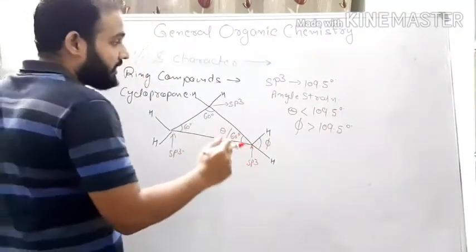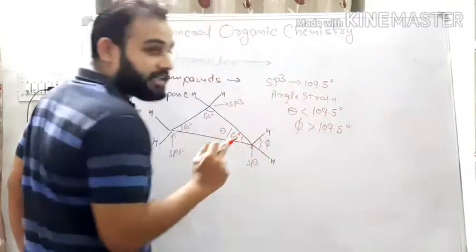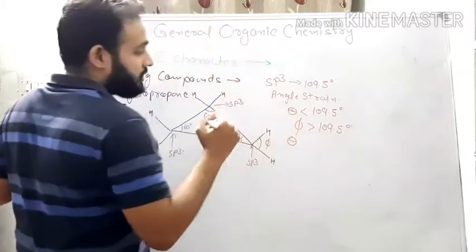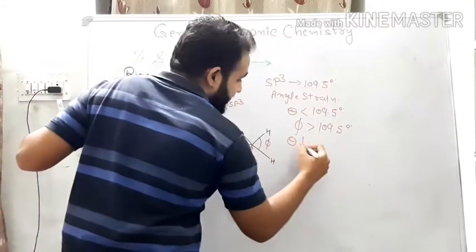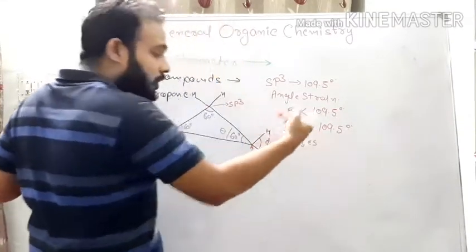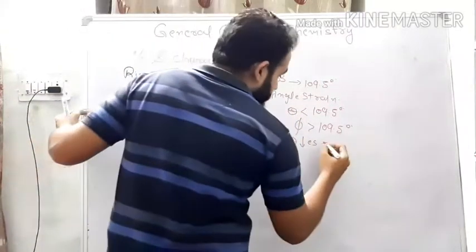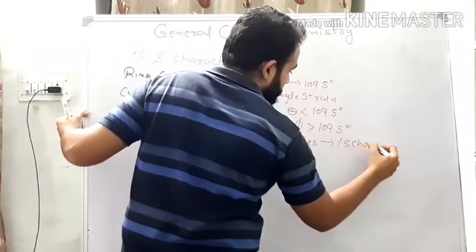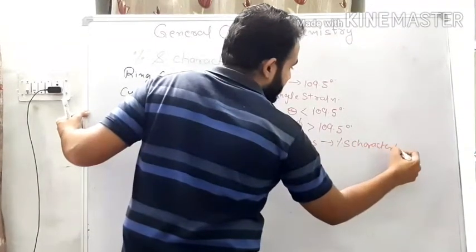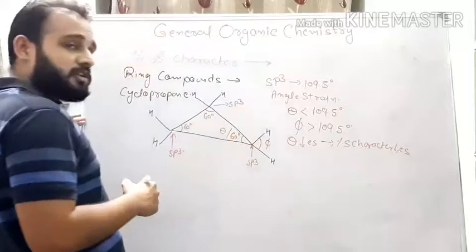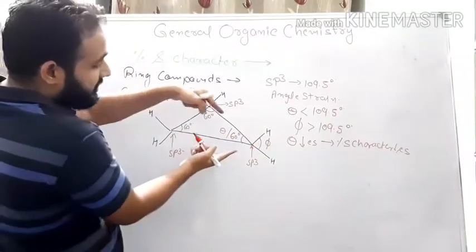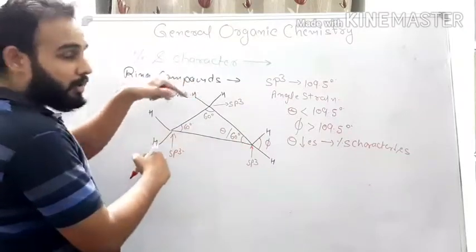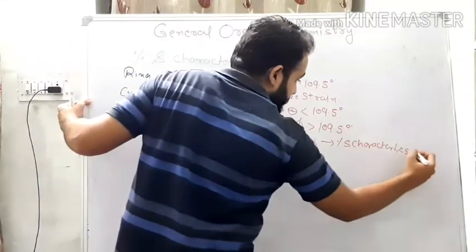So here theta decreases, and because of it the percentage s character decreases, and the electronegativity of the internal carbon-carbon bond decreases.